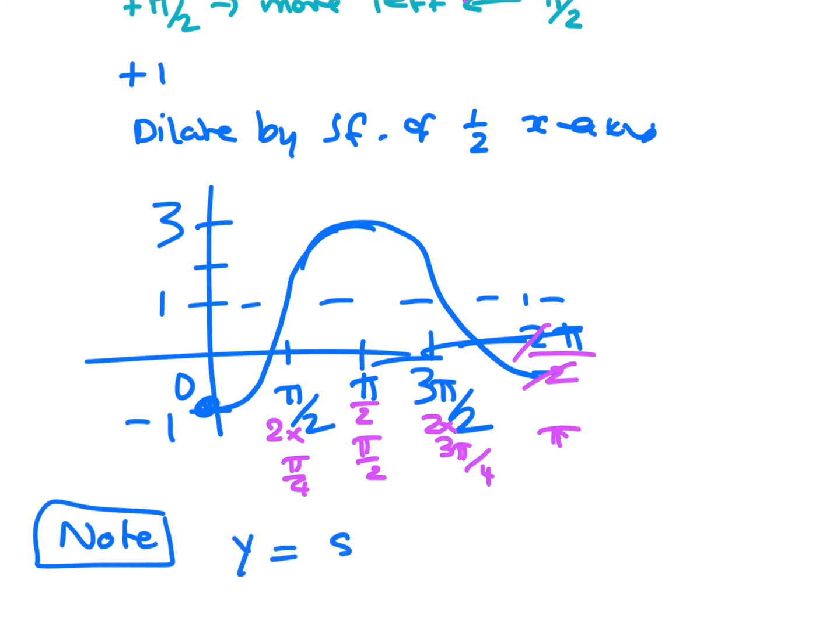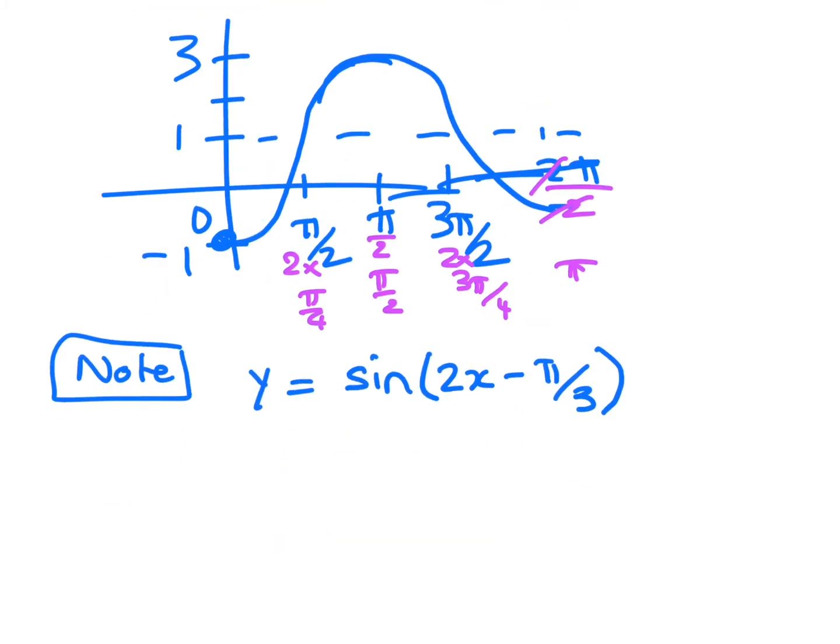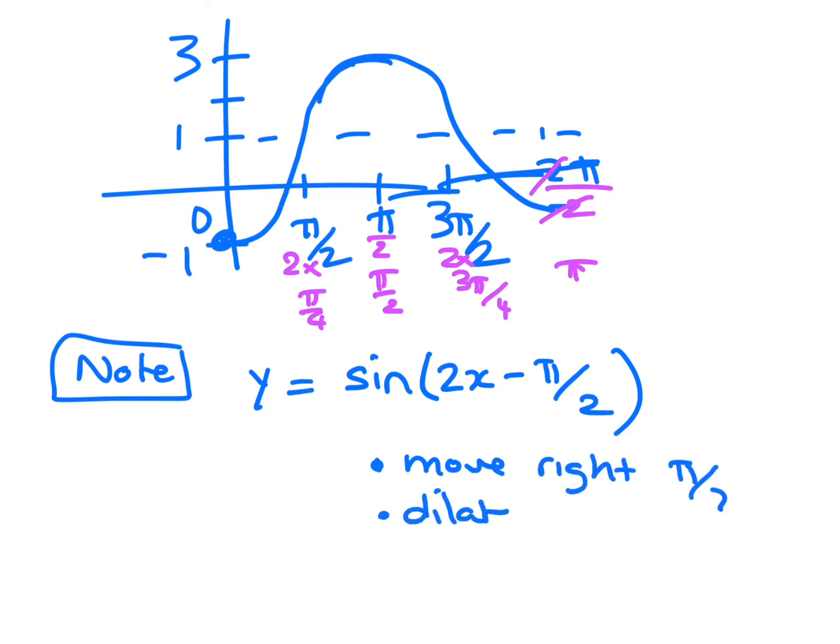Now I just want you to note that, say you were doing sine of 2x minus pi on 3. Well, 3 is not very good actually, it's usually only ever like that. Then with this one, if you were doing that horizontal shift, you could move right pi on 2 and then dilate by a scale factor of 1 on 2.